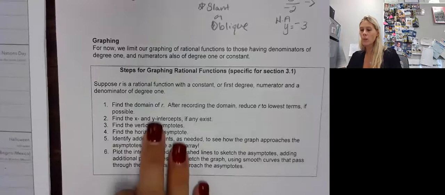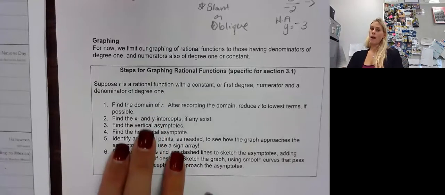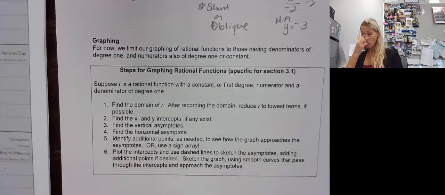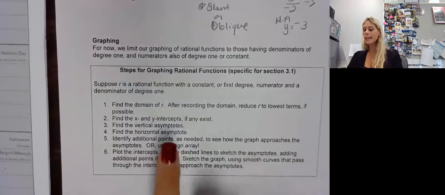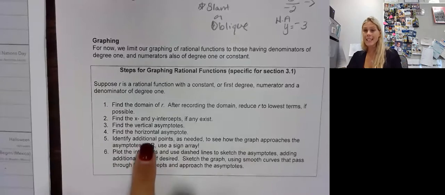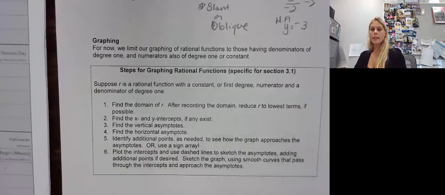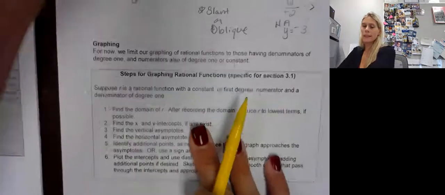We'll find the x and y intercepts, graph our vertical asymptotes, horizontal asymptotes, and then what happens here is sometimes we need to plug in a point so that way we know where it starts, okay? And this might happen with a sine ray or anything like that. So let's check out the process on how to graph our rational functions, okay?